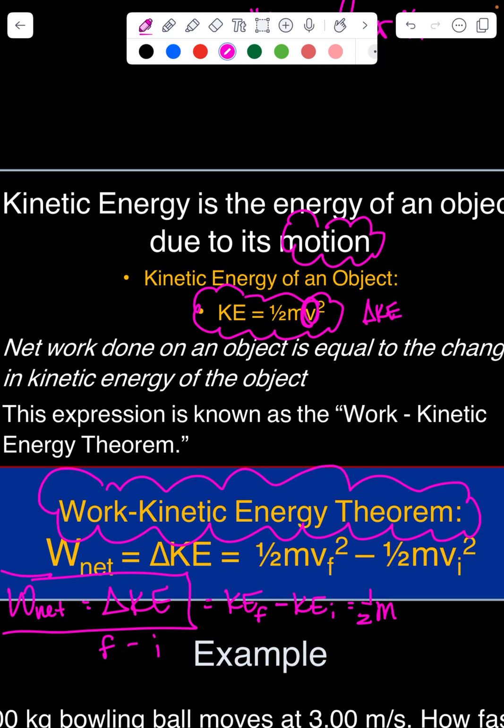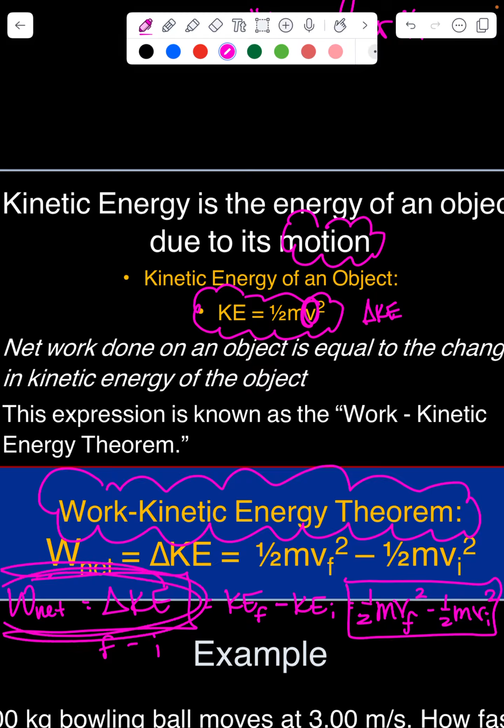So we keep the 1/2 m times our final velocity squared, minus 1/2 m, again mass doesn't change, times our initial velocity squared. You have to know how to get to this part from this, because this will be the only thing that you're given.